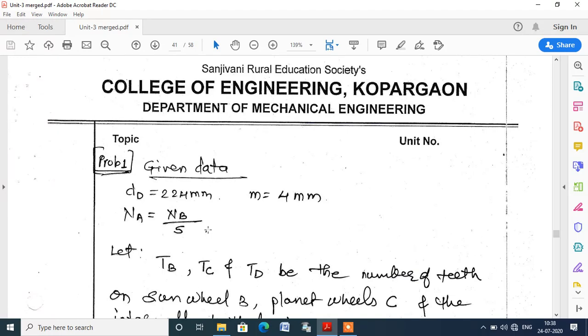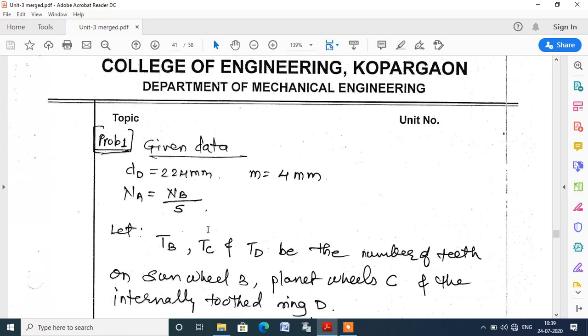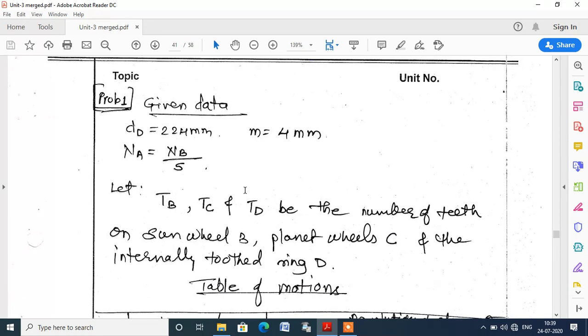This is a very important designation. Understood? So we have to find the number of teeth of all the gears, that is TB, TC, TD, the number of teeth on gear B, C, and the toothed ring gear D.